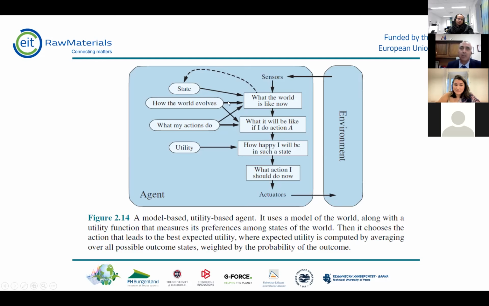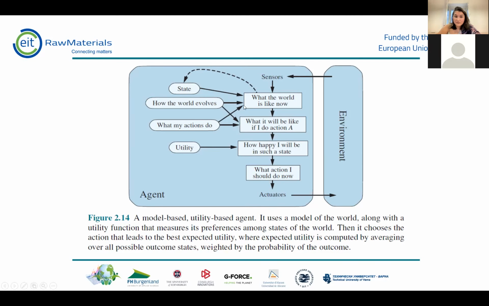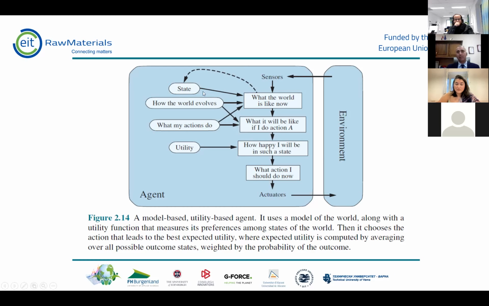And then in more complex systems, we have a model which explains how the world evolved. What is the current situation? What is the current state? And what is possible to happen on the next steps? And then the agent is able to answer the question, what will be if I do action A or B or C?